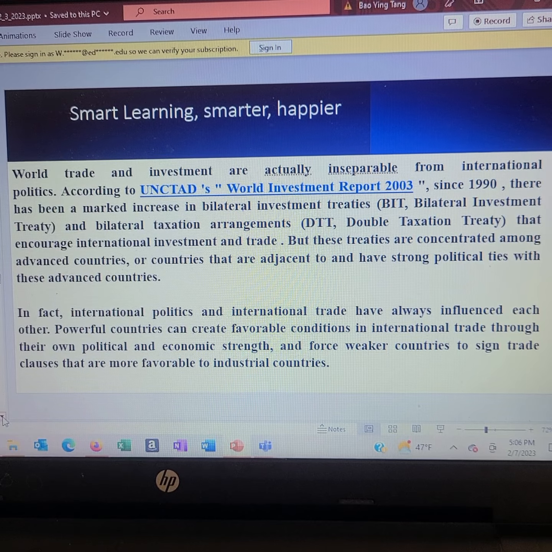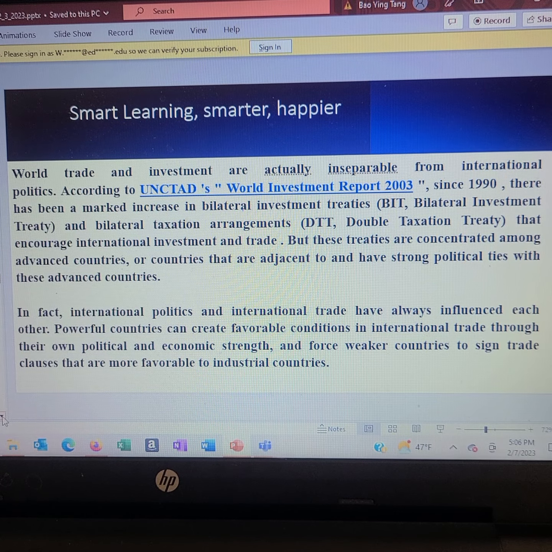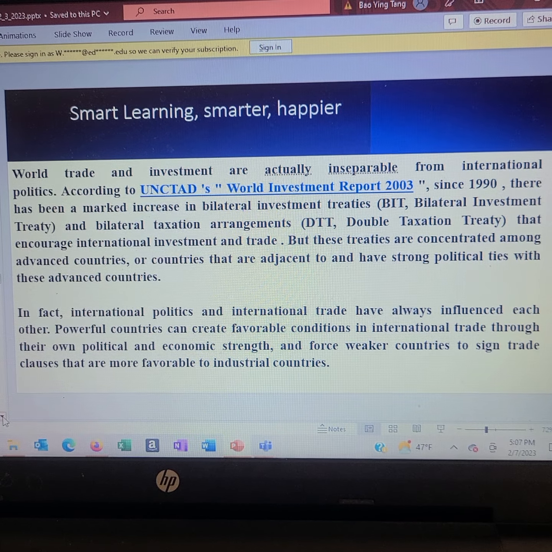In fact, international politics and international trade have always influenced each other. Powerful countries can create favorable conditions in international trade through their own political and economic strengths, and force weaker countries to sign trade clauses that are more favorable to industrialized countries.